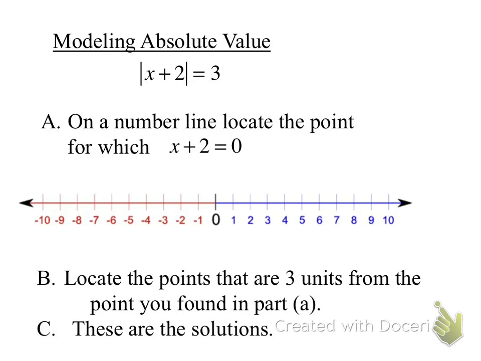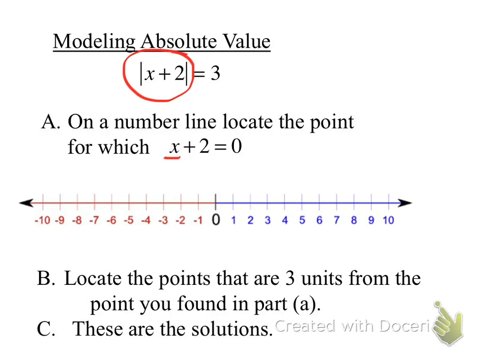Now, when graphing, it's got like 2 steps, really. The first step is we have to take the first half of the equation and set it equal to 0. What would the value of x be if I set that equal to 0? -2, right?